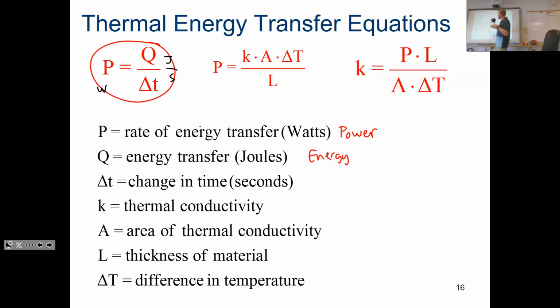P again, power. And you have this K, thermal conductivity: how well a material conducts thermal energy. A is the area, delta T is the change in temperature, and L represents the thickness. So how quickly energy can leave a building depends on what the building's made out of, the area of the wall, the thickness of the wall, and the temperature.